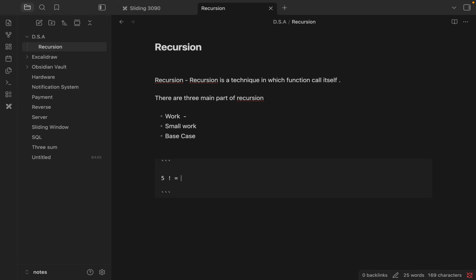How are we going to find it? 5 into 4 into 3 into 2 into 1. Now the main work is 5 factorial. What is the value of 5 factorial? This is the main work.